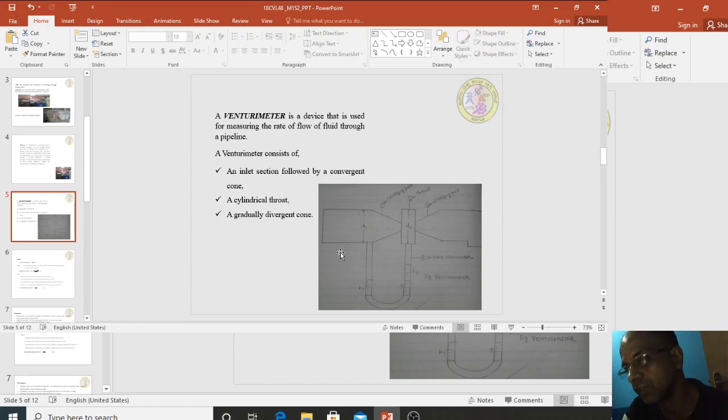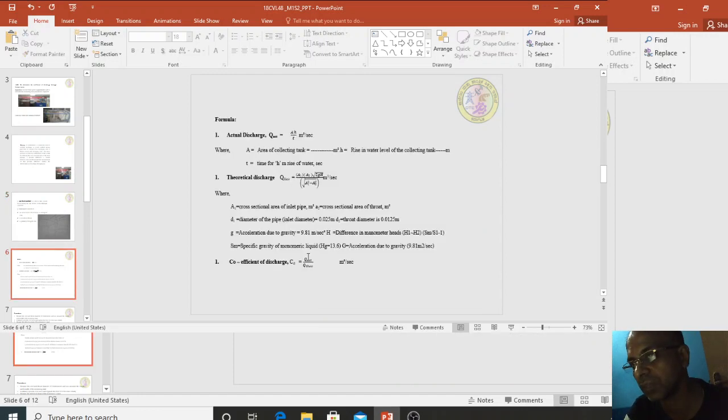When D1 by D2 is a higher value, the ratio is greater than 1, then the effect of the Venturi meter is high. When D1 by D2 is closer to 1, then the effect gets reduced. The effect in terms of the pressure gets reduced. That is one very important thing that you have to keep in mind.